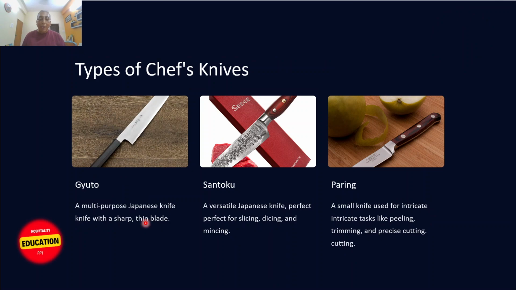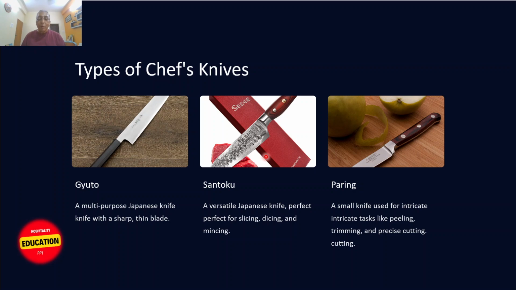There are different types of knives available. The first one, as you can see in the image, is known as Gyuto, a multi-purpose Japanese knife with a sharp and thin blade. The second one you can see is Santoku.